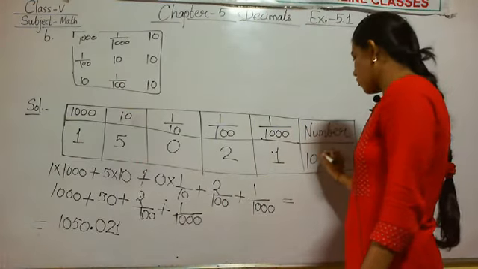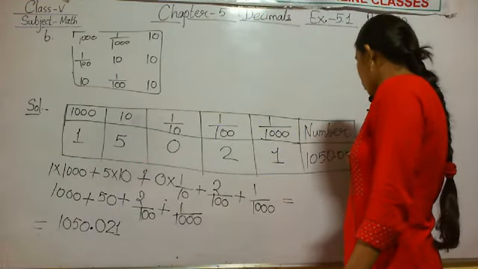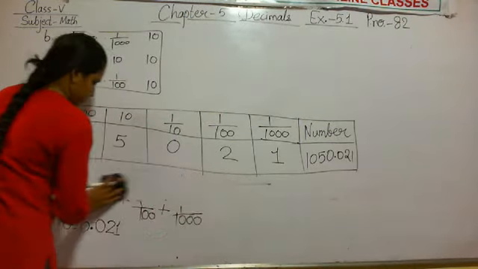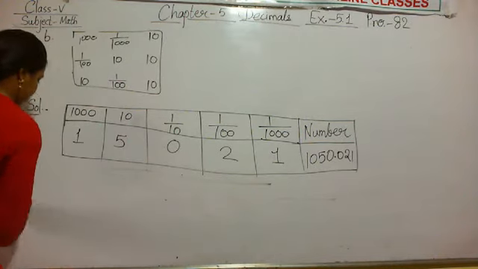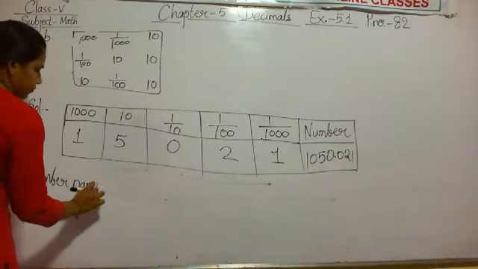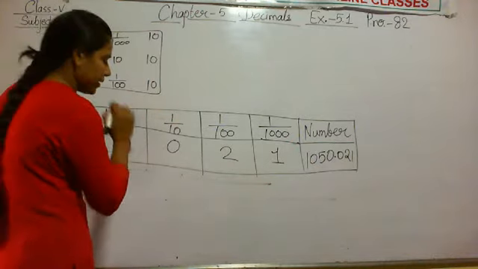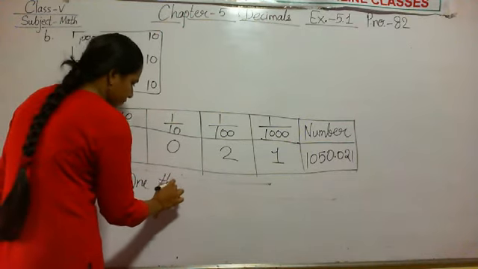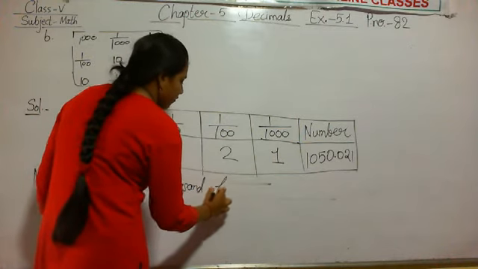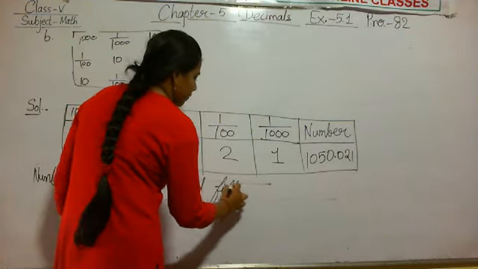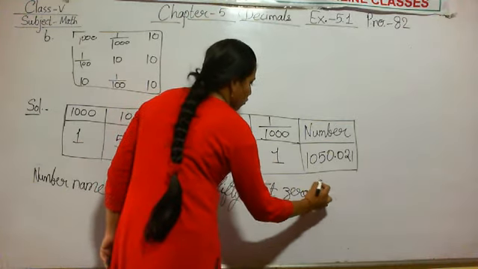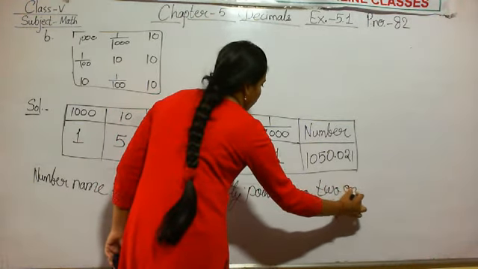So my number is 1050.021, and here I am going to write its number name. Number name is 1050.021.